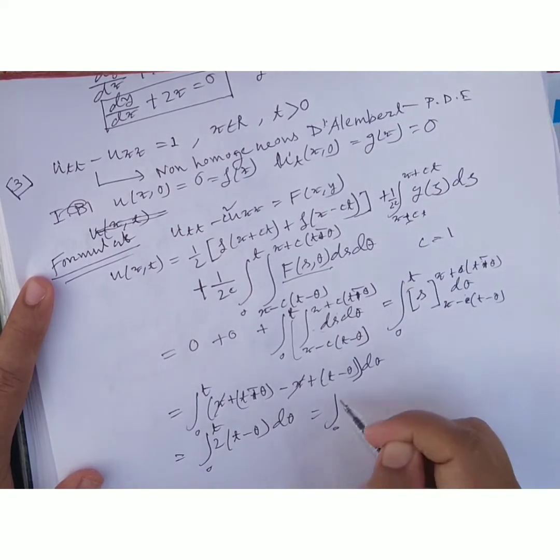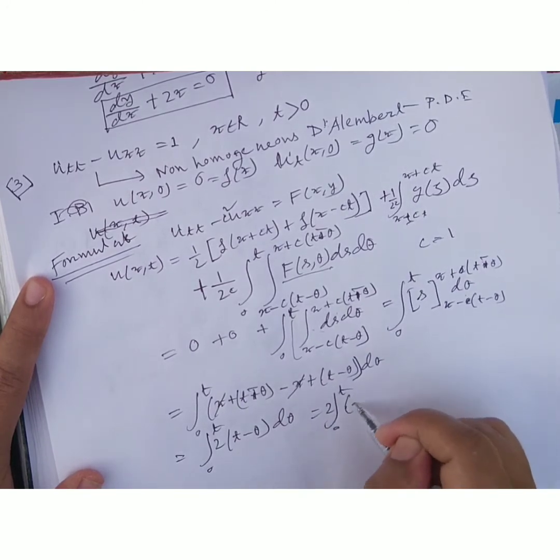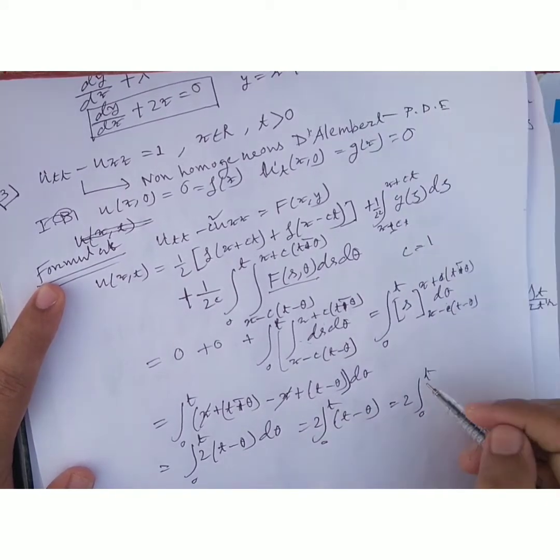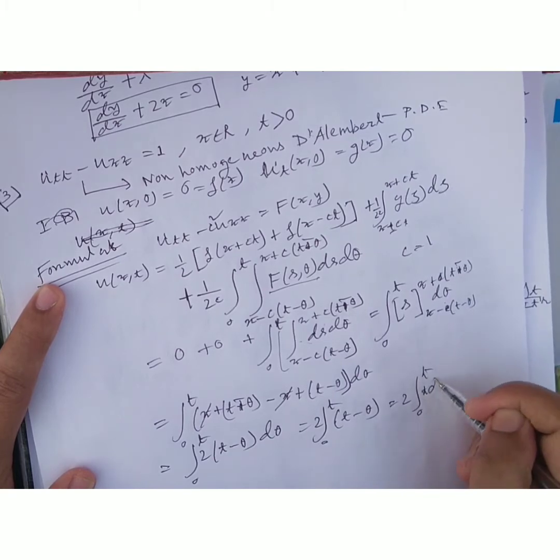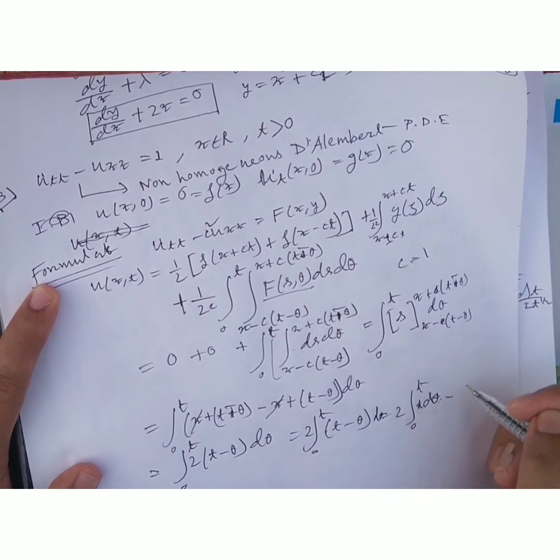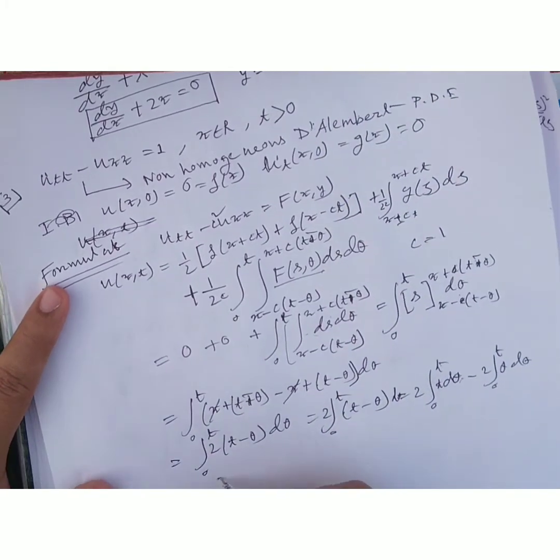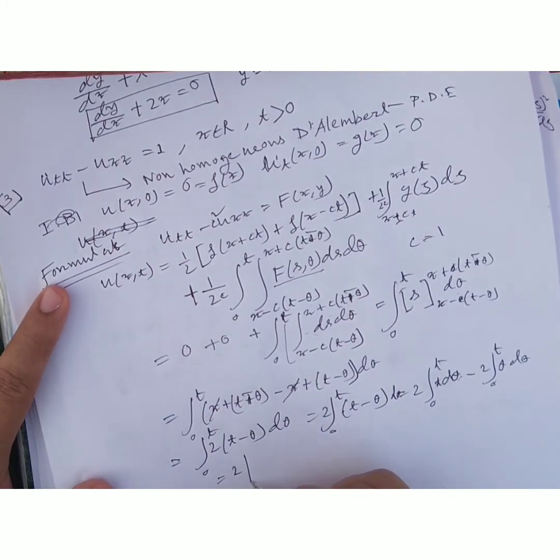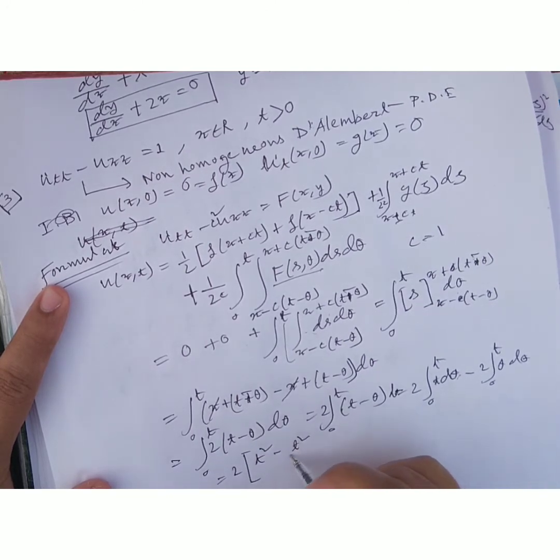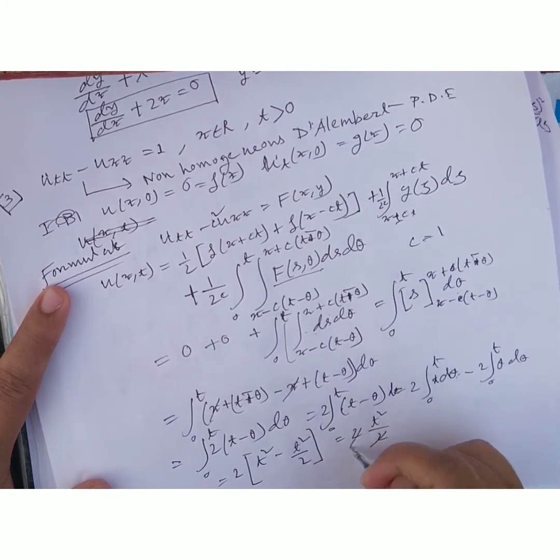That gives 2 times the integral from 0 to t of t d theta minus 2 times the integral of theta d theta, which is 2 times (t squared minus t squared by 2), so I get 2 times t squared by 2, which is t squared.